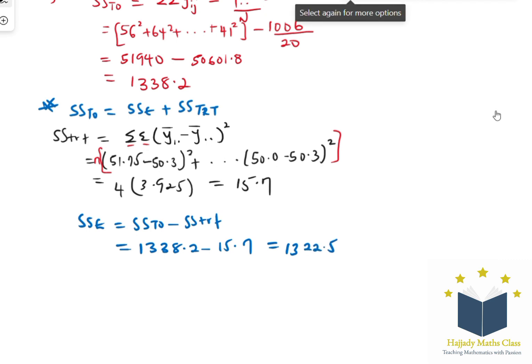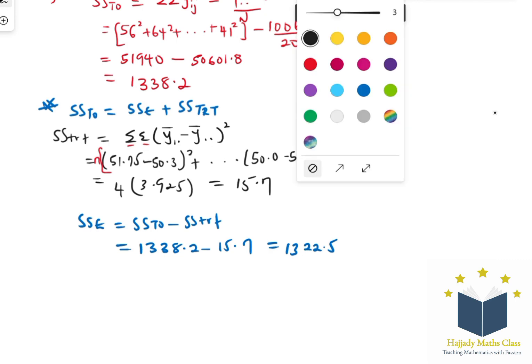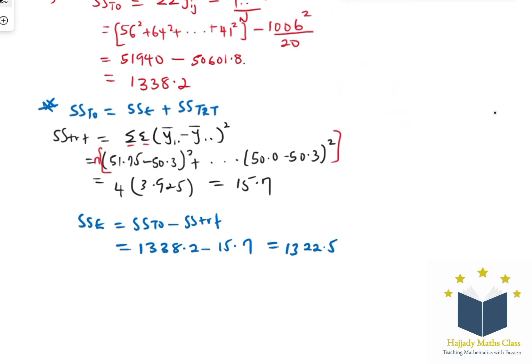Before I proceed, like I said earlier on, there's an alternative way of calculating SS treatment. The alternative approach uses this formula: SS treatment equals 1 over n, summation of yi. squared, minus the correction factor. This is just going to be 1 over 4 times yi. squared.